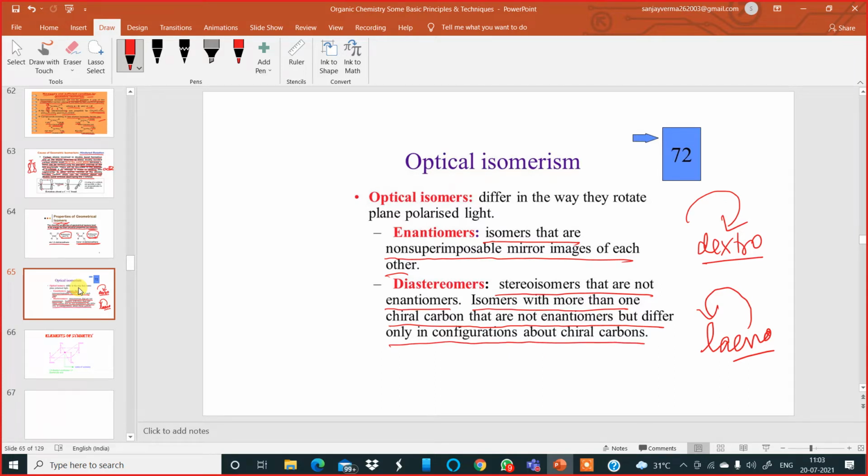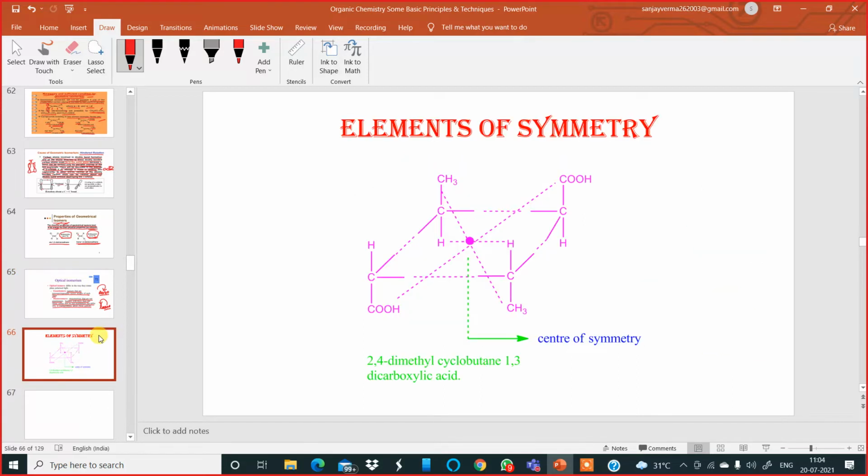So it is possible that they may or may not exhibit optical activity, which I'll explain from the upcoming slides. Now, let us have a look at the next slide. To understand and clear the concept of optical isomerism, it is important for us to remember elements of symmetry.